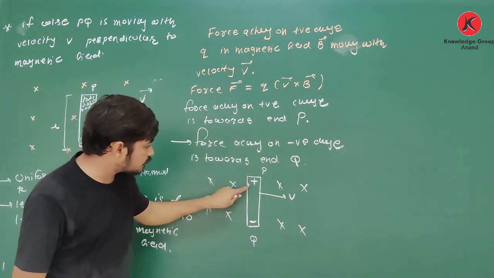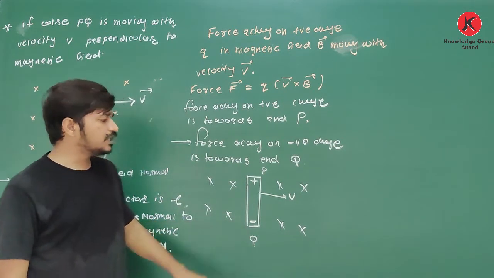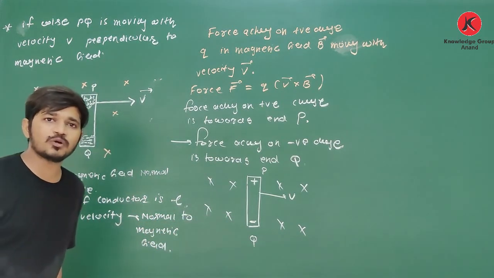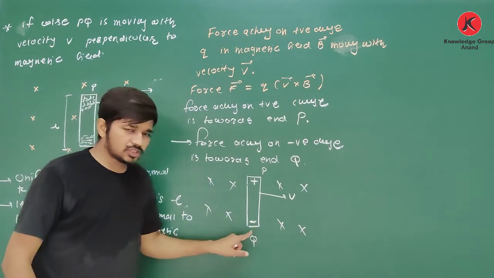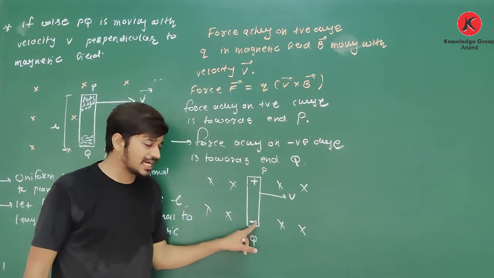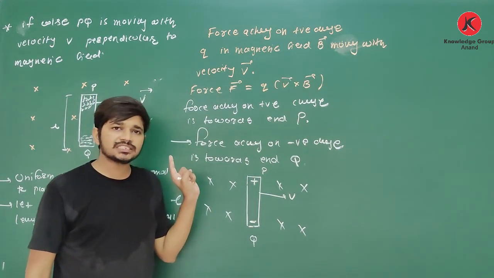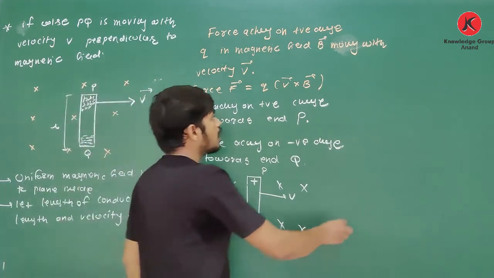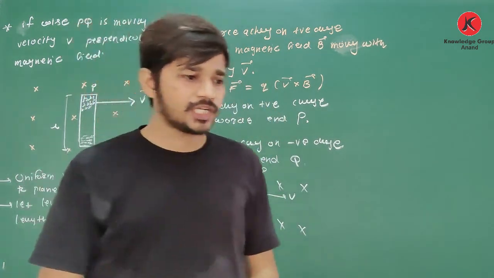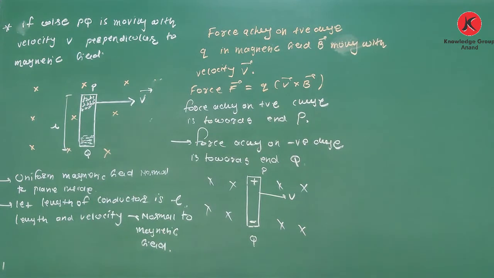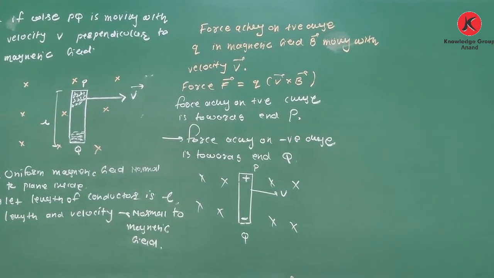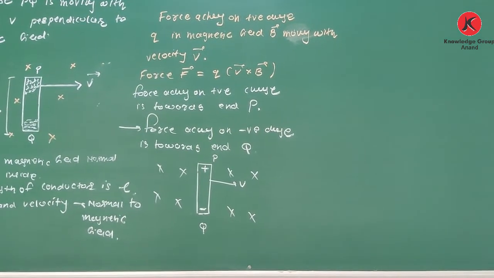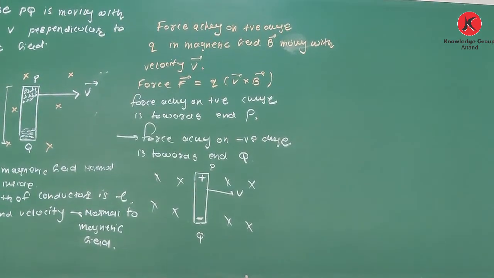Not all the charge, okay? Negative charge is accumulated at end Q and positive charge is induced at end P.